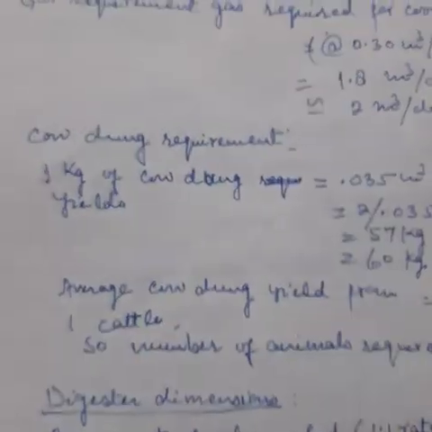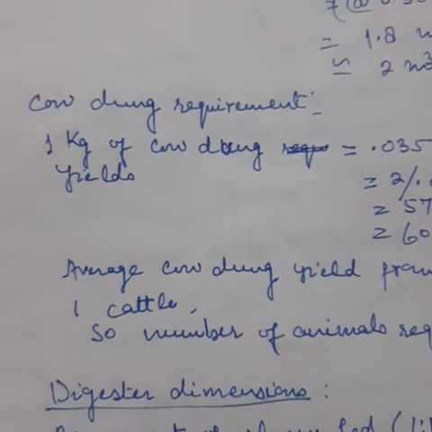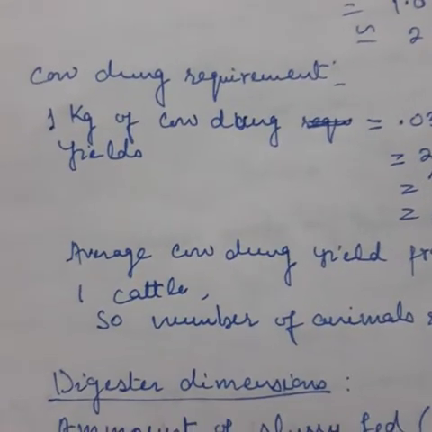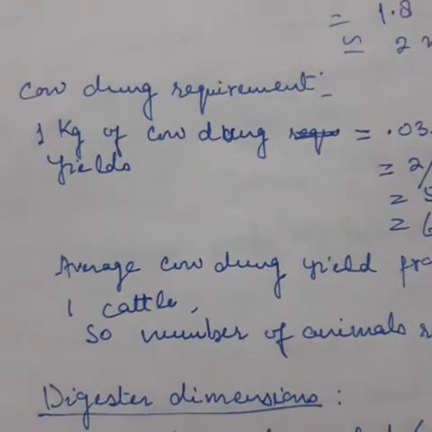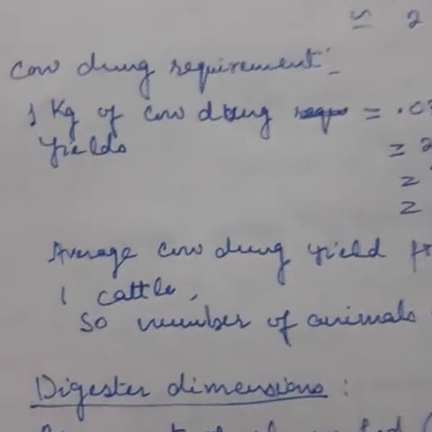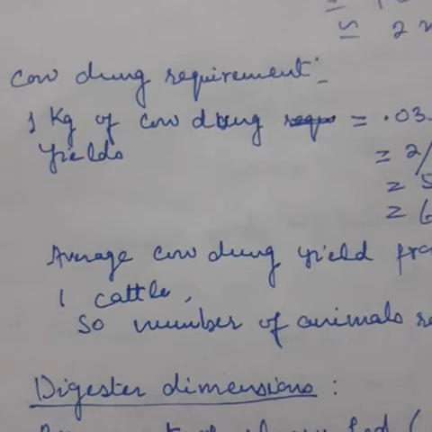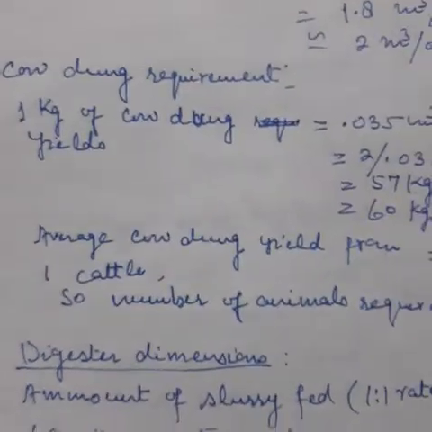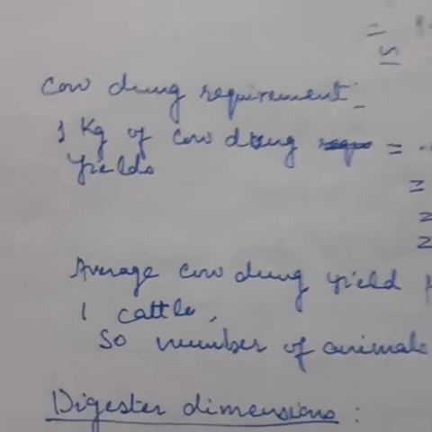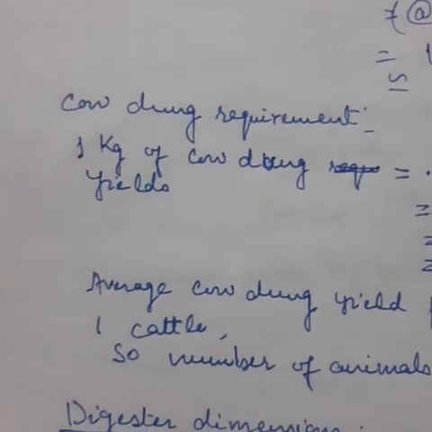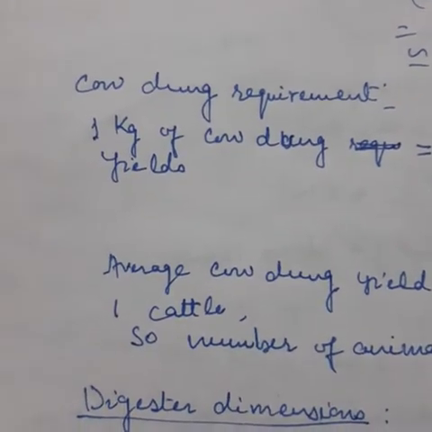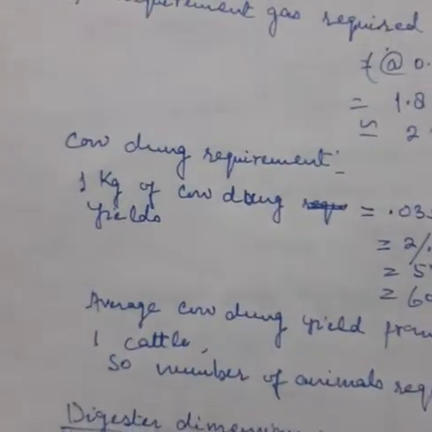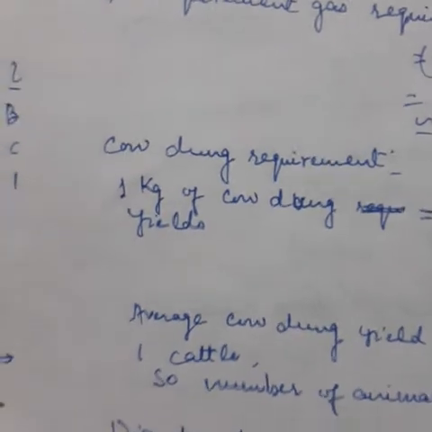Now the calculation. We know that the methane gas is to be obtained from cow dung. The phenomenon occurs in the biogas plant, in the digester, with the availability of cow dung, and it is to be wet, and after 14 to 30 days the phenomenon occurs and the gas is obtained from the plant, and this gas is used after some quality improvement.